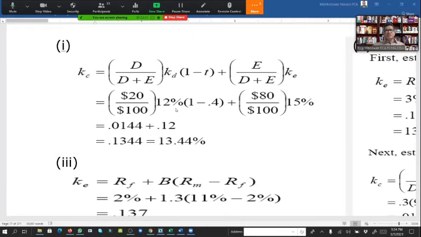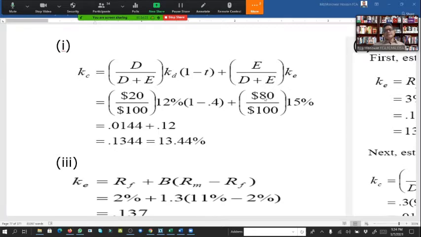Cost of debt is 12%, and within the cost of debt we will adjust 1 minus T, T meaning tax rate, 40%. Then we have to add the equity portion. That means if 20 is debt, then equity is 80, because debt plus equity is 100.